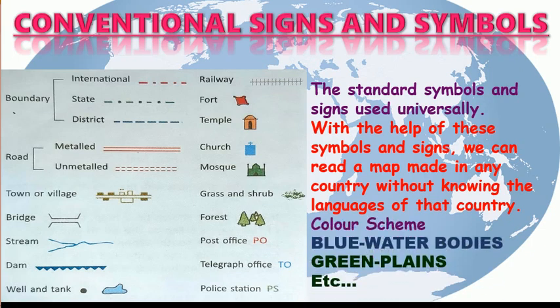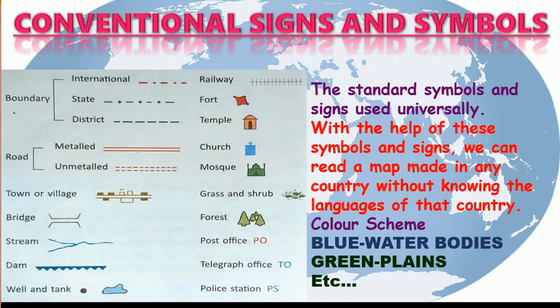Not only this, there is an agreement among many countries of the world about the common use of signs, symbols, and colors. For example, as you can see here, blue is always used to show water bodies. Green is used to show plains.